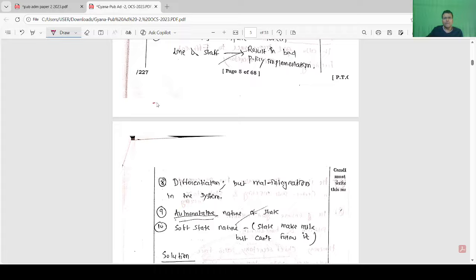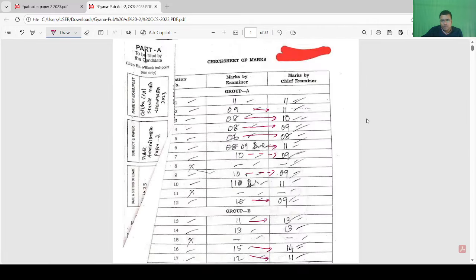Here also we can say the problem of violation of the concept of neutrality, anonymity.